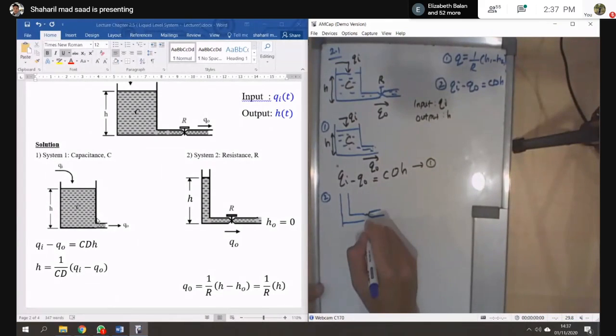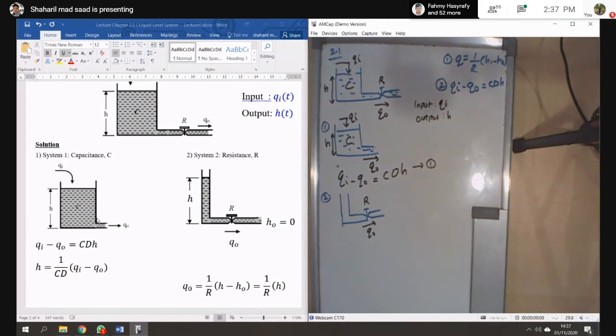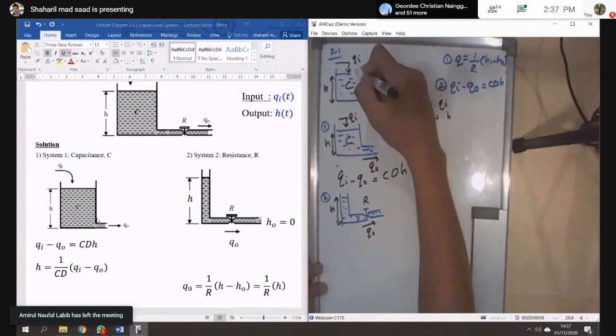Then you will have the R here, and then you will have the Q naught here, and then you will have the H here.